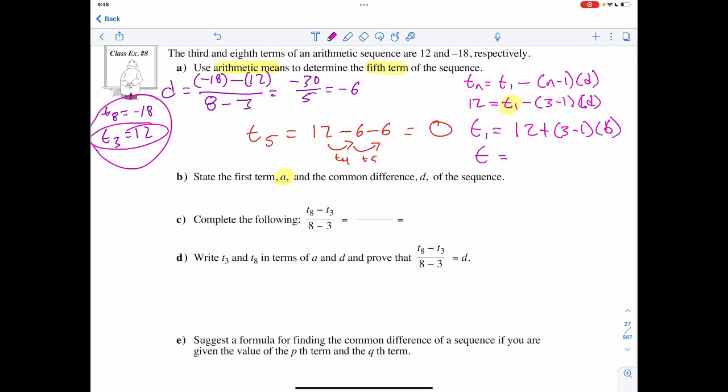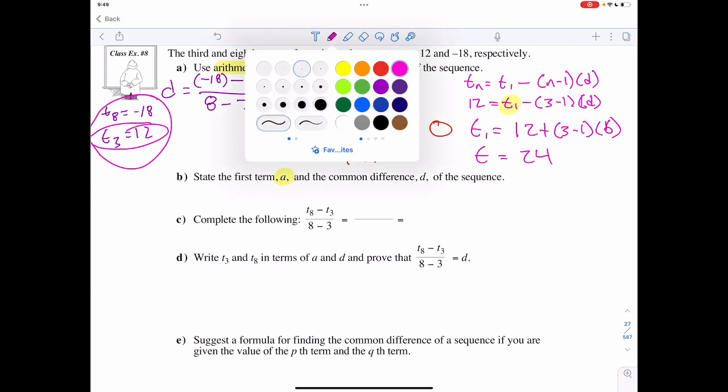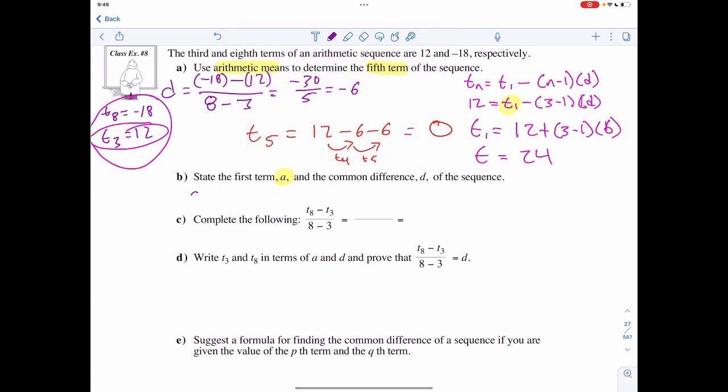And term 1, where I started, should have been 24. So I know that my a value, or in our case term 1, is equal to 24. I know my common difference was equal to 6.